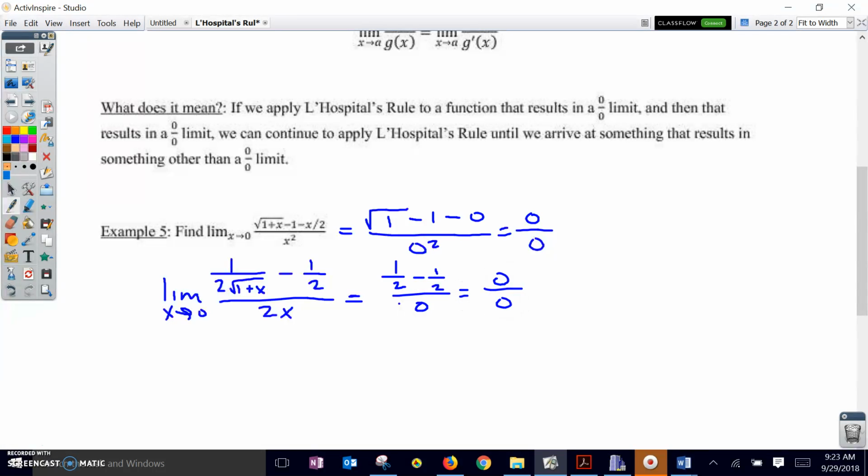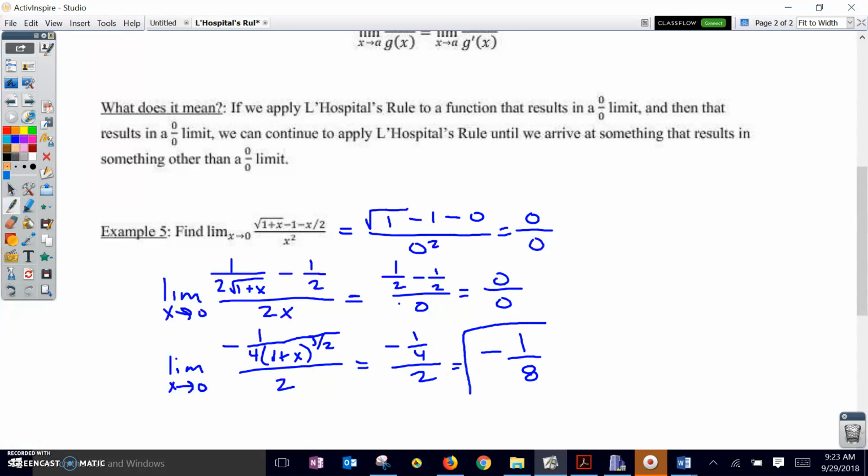So we can apply L'Hopital's rule again, and we take the derivative of the numerator. It's going to be negative 1 over 4 times the quantity 1 plus x to the 3/2, all over 2. And then we substitute 0 in, and this limit should end up being negative 1/8.